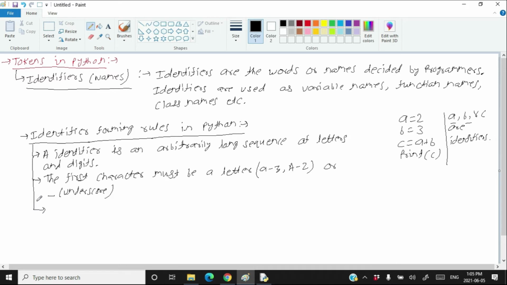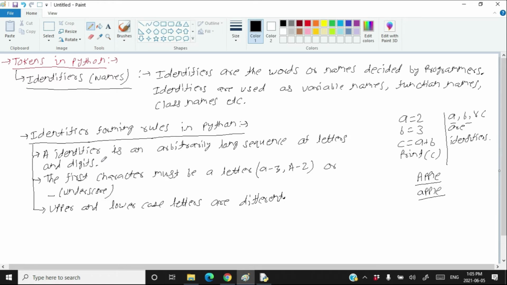Third, upper and lowercase letters are different. What I mean here is the identifier Apple is different from the identifier apple. Upper and lowercase letters are different here.